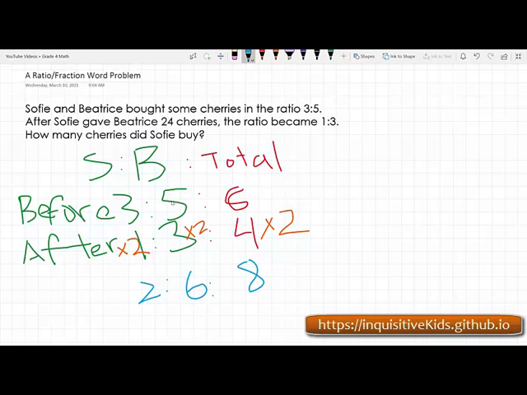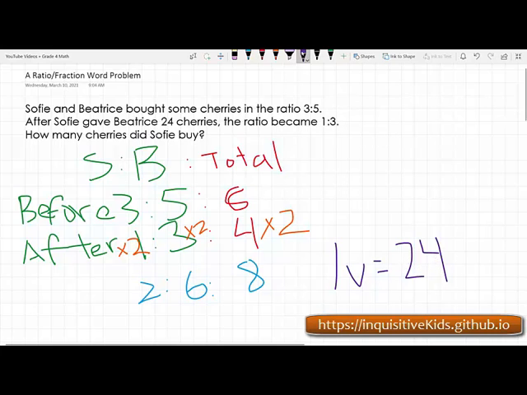Her cherries increased, which makes one unit equal to 24 cherries. Why? The difference between 3 and 2 is 1. And the quantity of cherries that changed was 24, which means that 1 unit is equal to 24.